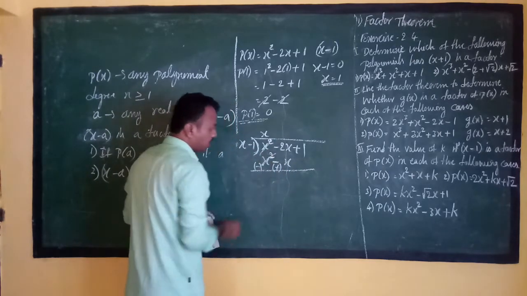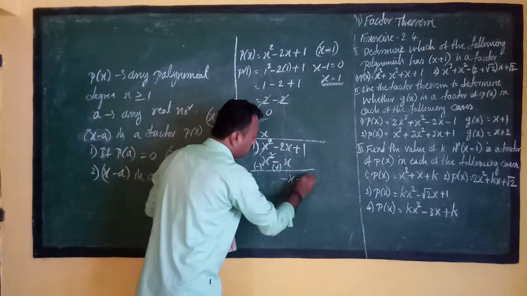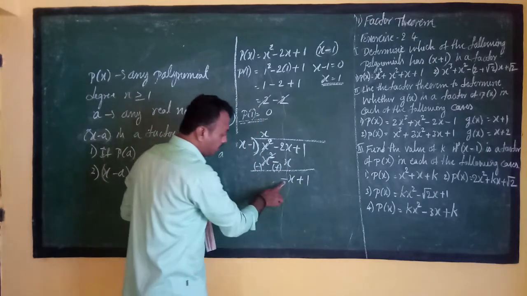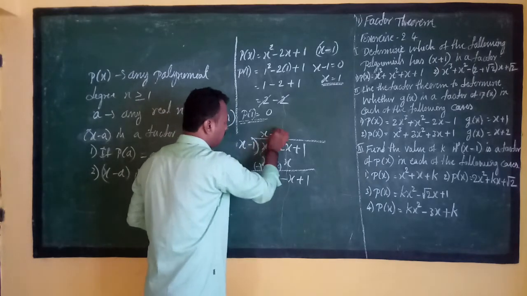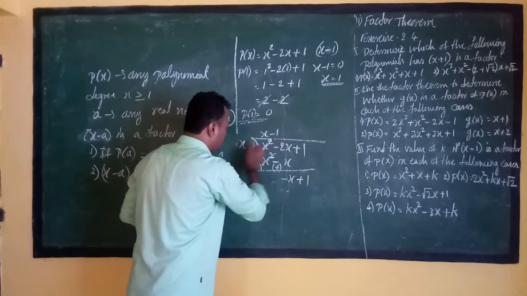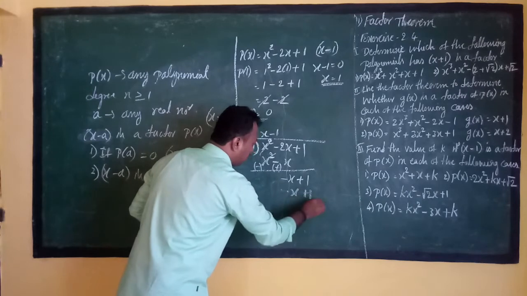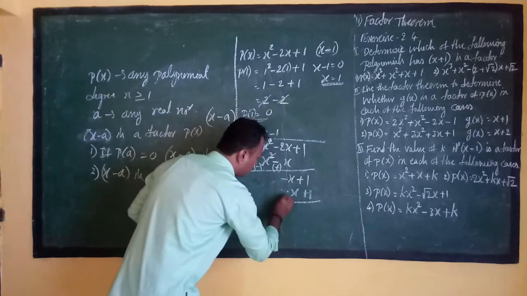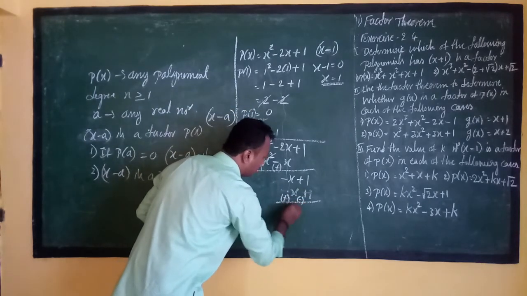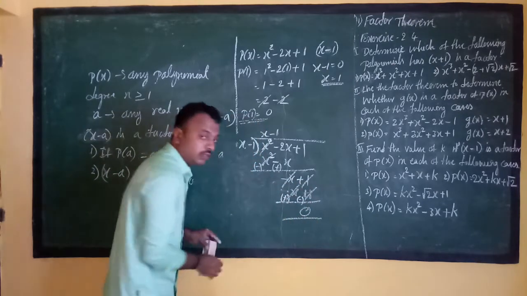So plus x square minus x square get cancelled. Minus 2x plus x, minus x and plus 1. And then minus x is there, here x is there, I will take minus 1. Then minus into plus, minus 1 into x, minus into minus plus 1. We have to change the sign, plus, and it will become minus. Minus x plus 1 minus 1, the remainder becomes 0.